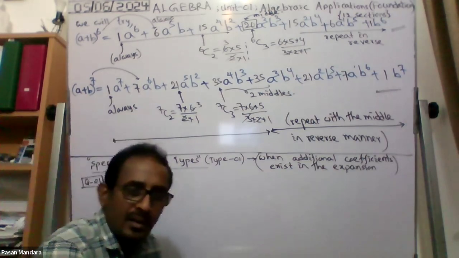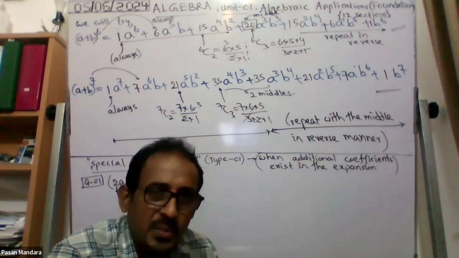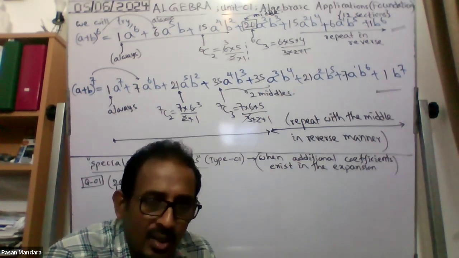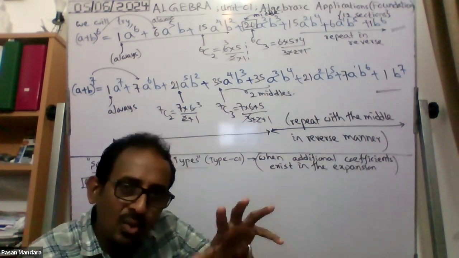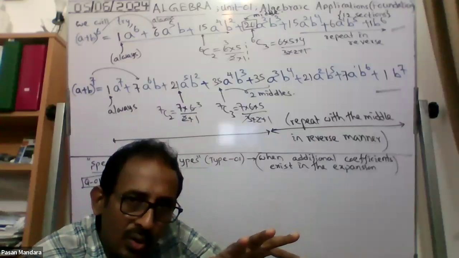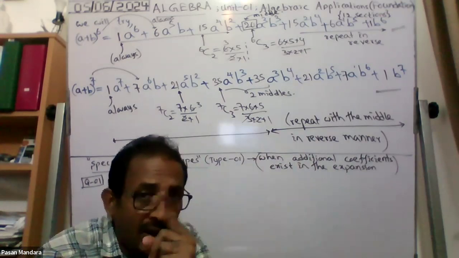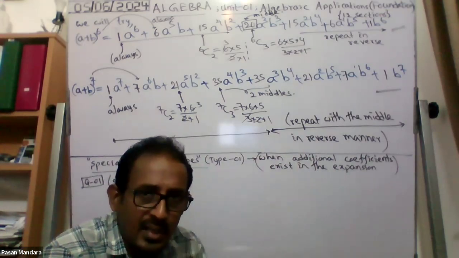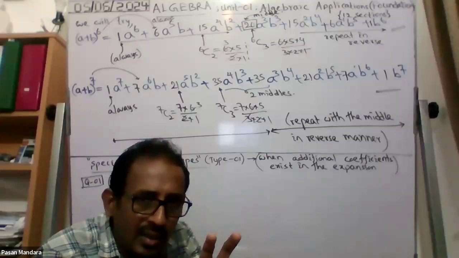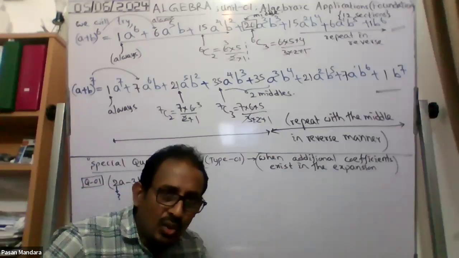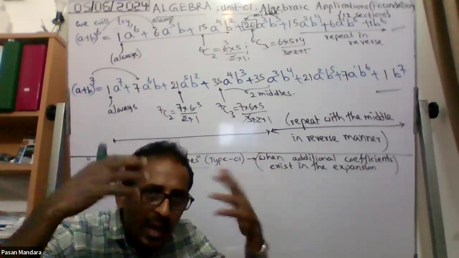That's the issue. But our technique is what? First principle technique. First principle technique means anything you get new, you forget about what you got. We have only one technique, first principle technique. That is, you read whatever you got as A and B. You do that expansion with A and B.